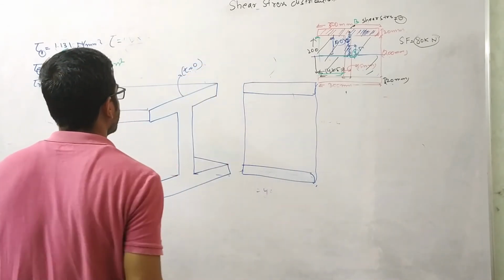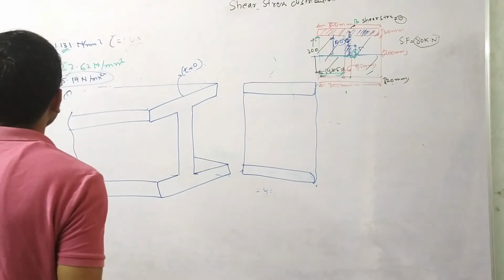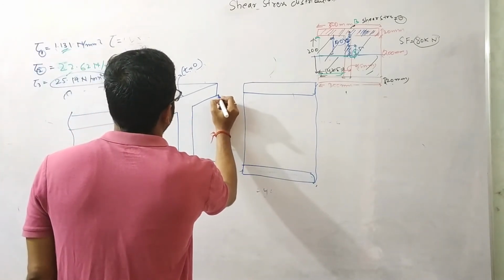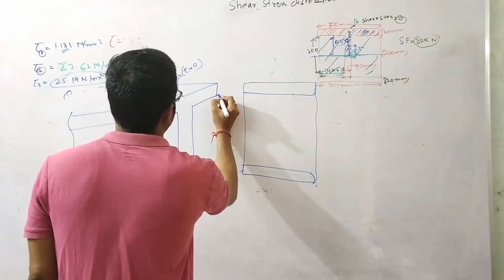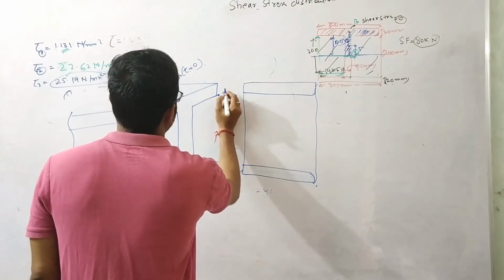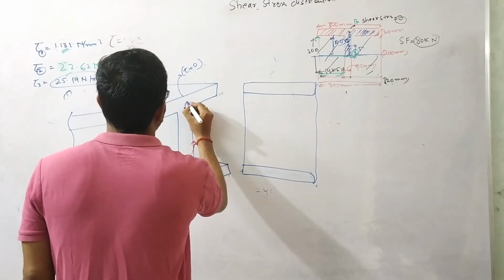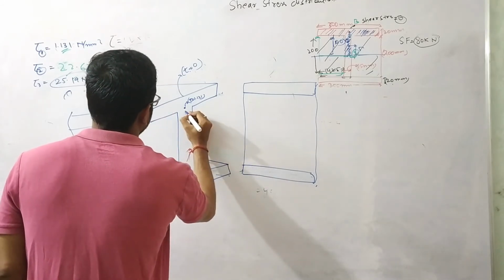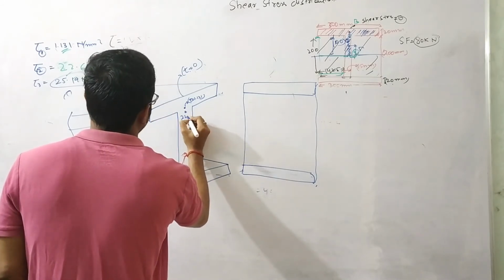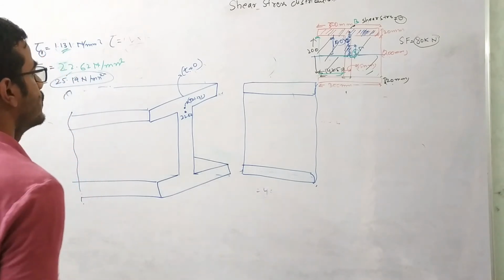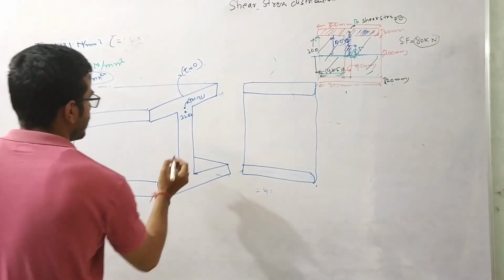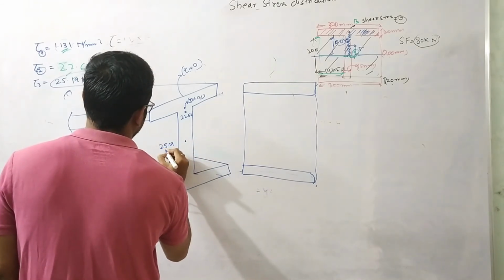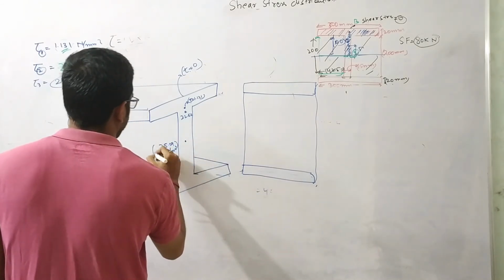At this point the value of tau is 1.131. At this point also the value is 22.62. And at the neutral axis level the value is 25.19 Newton per mm square.